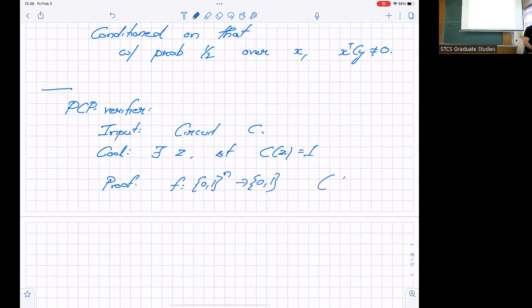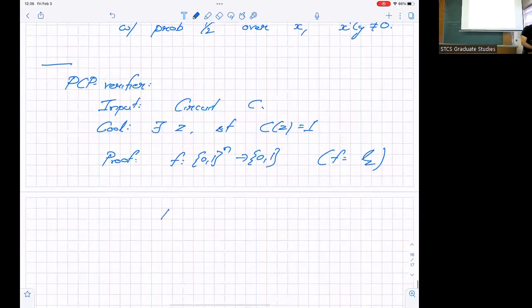In the honest case, F actually takes the actual NP proof and writes the linear encoding of that. And also capital F, capital F is quad C.